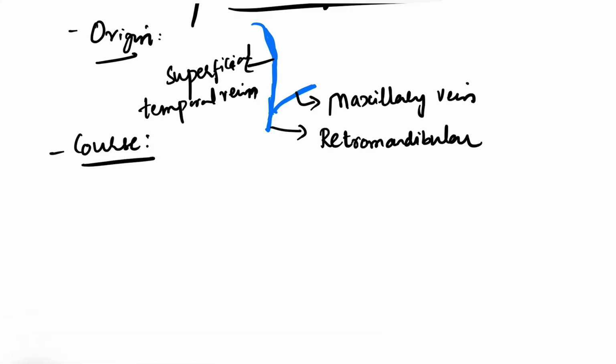After its formation, it will descend down within the substance of the parotid gland, posterior to the ramus of the mandible, and at the inferior border of the inferior pole of the parotid gland, this retromandibular vein divides into two branches, the anterior division and the posterior division.